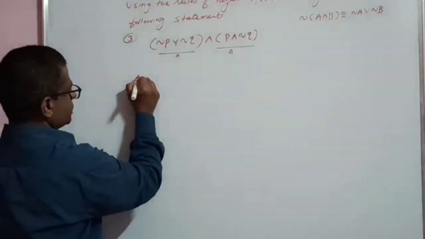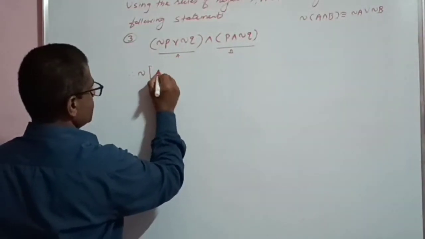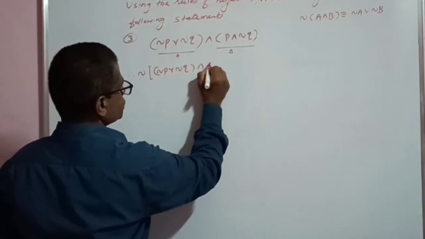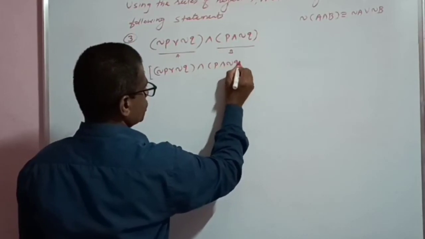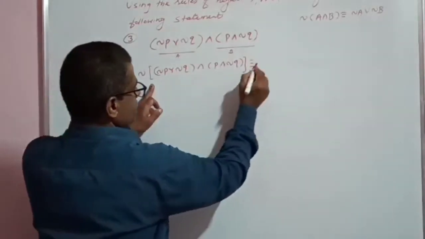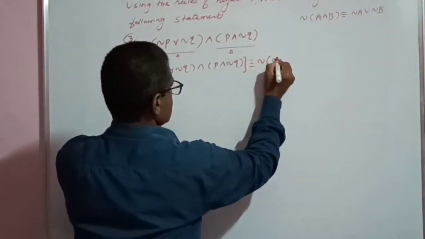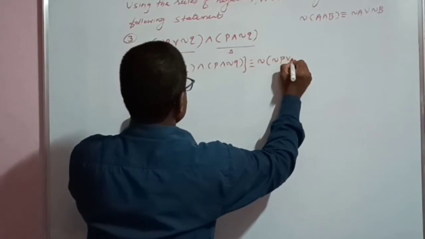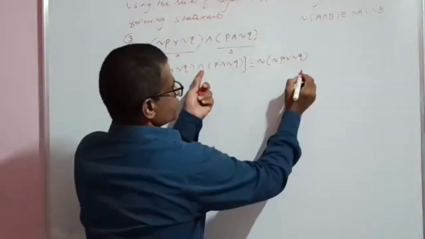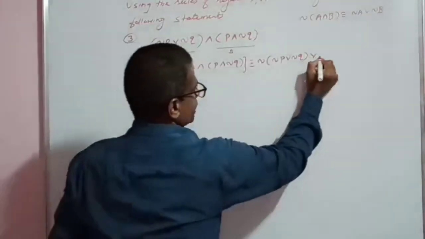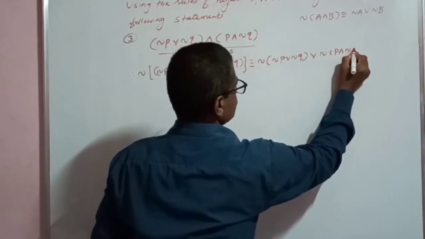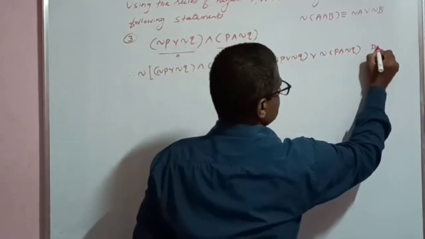So therefore the negation of the given statement is negation of the first statement, negation of P disjunction negation of Q, conjunction changes to disjunction, and the negation of the second, P conjunction negation of Q. So De Morgan's law.